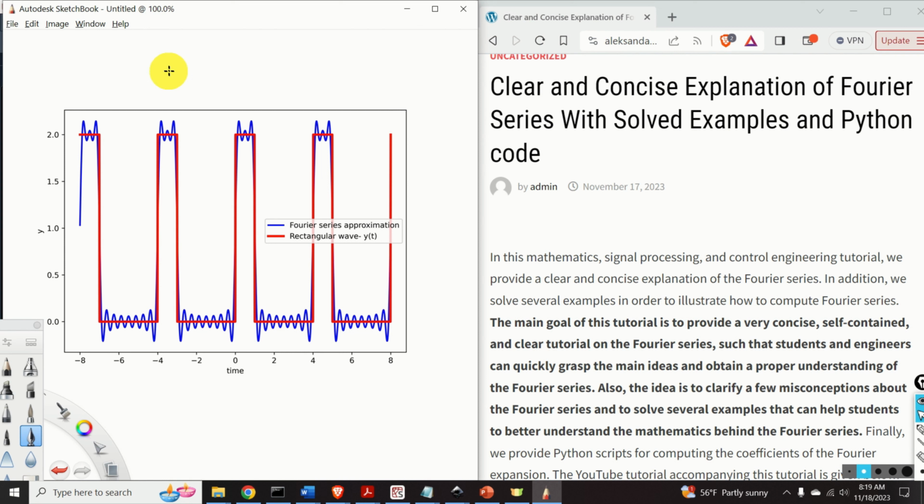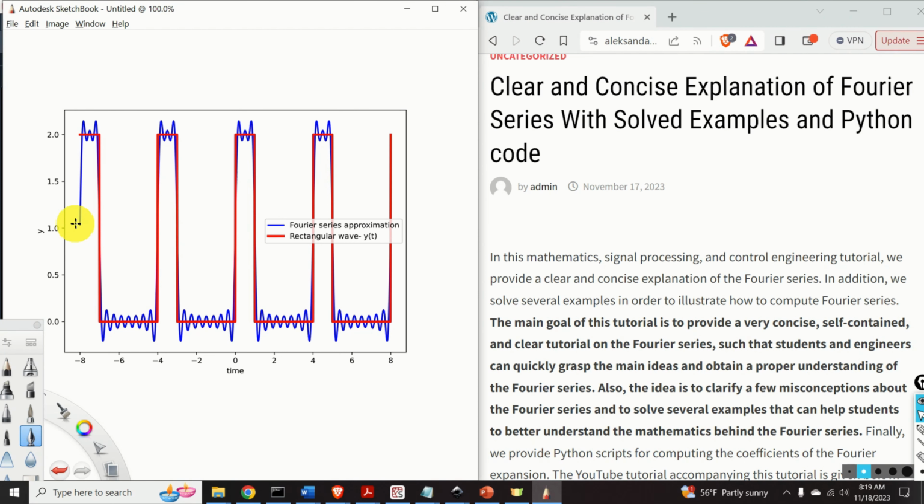The main idea of the Fourier series is to represent a periodic function as an infinite or finite sum of harmonic signals. When I say harmonic signals, I mean sine and cosine functions. For example, over here you can see a rectangular periodic wave function. The function is represented by the red line.